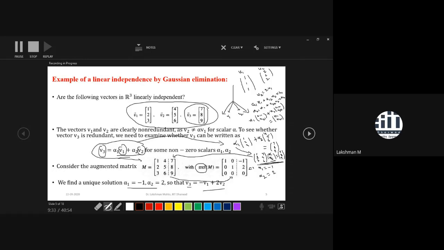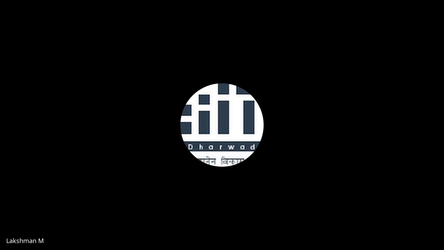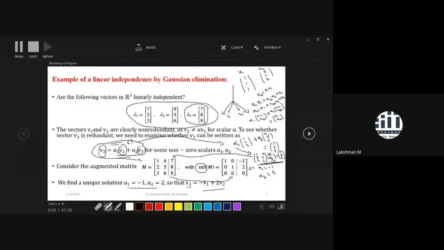So in place of x1, x2 we have alpha 1 and alpha 2, and b3 is the given column vector. This representation we call the column picture. Finally, in order to solve, you always need to write it in matrix form, to apply the Gaussian elimination method.